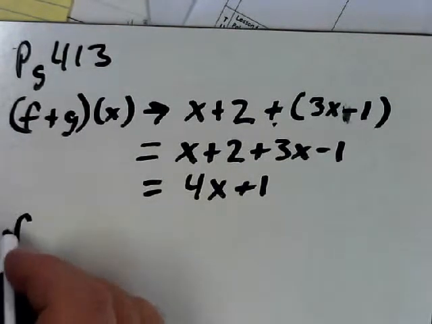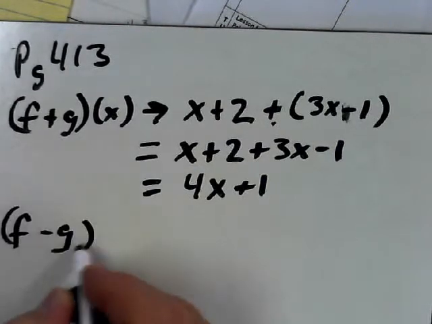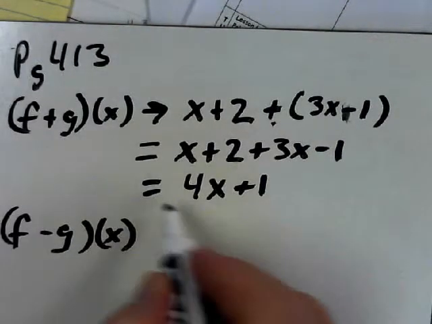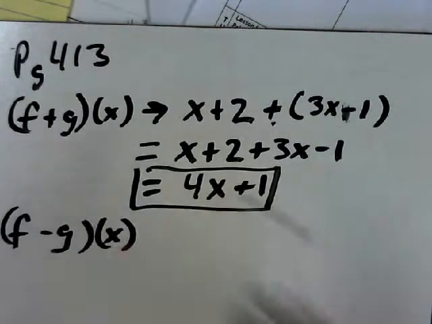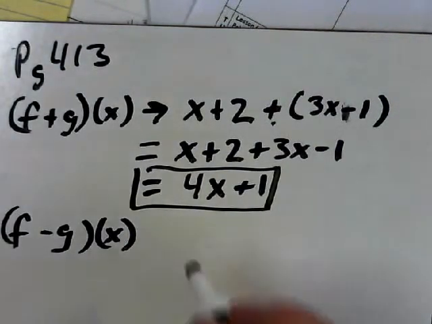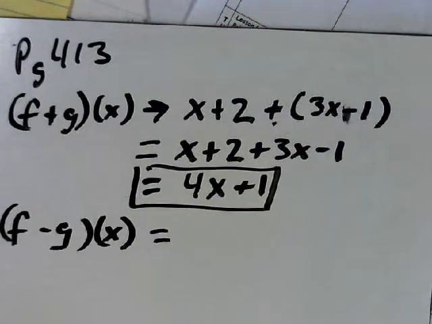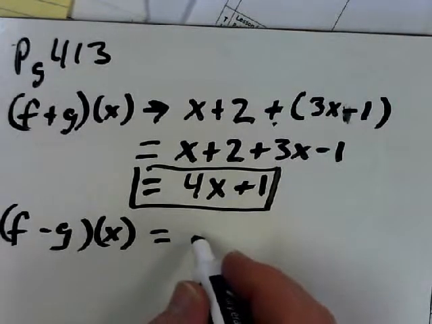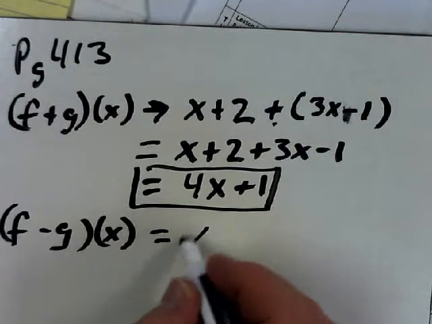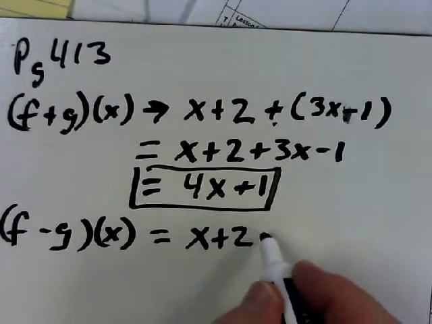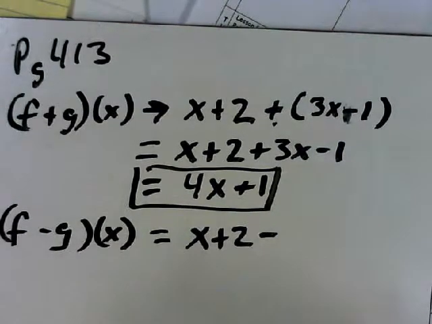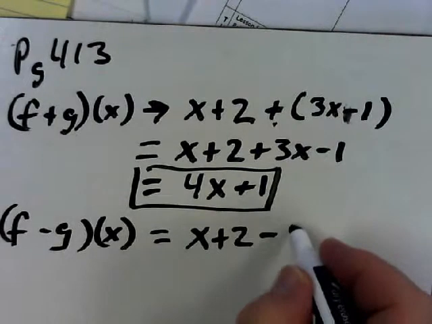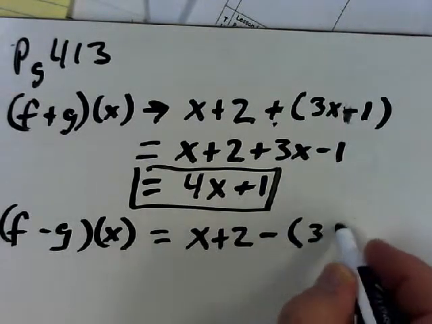Then they asked me to find f minus g of x. So there's one answer. f minus g of x. What is the f of x function from problem number 1? x plus 2. And then I'm going to subtract from that the whole quantity of 3x minus 1.